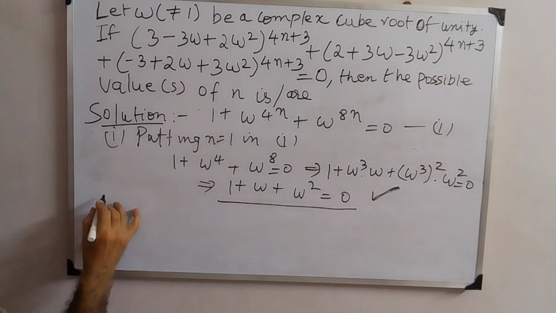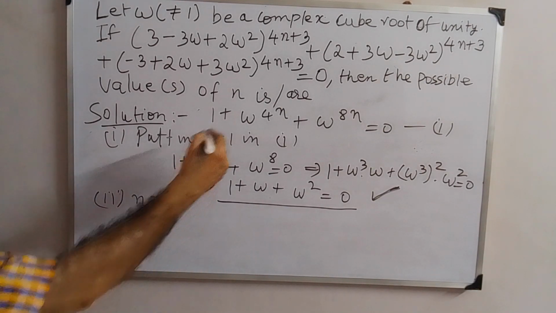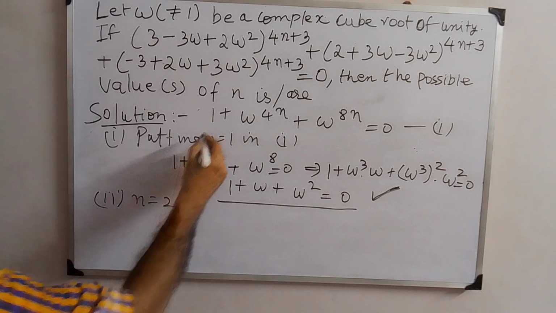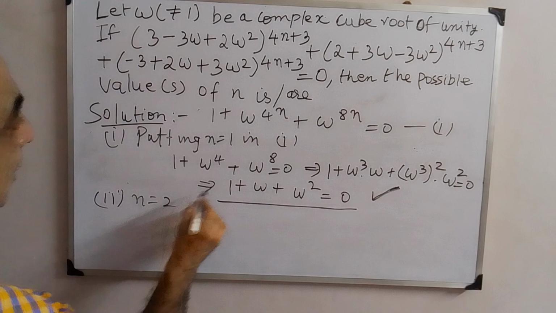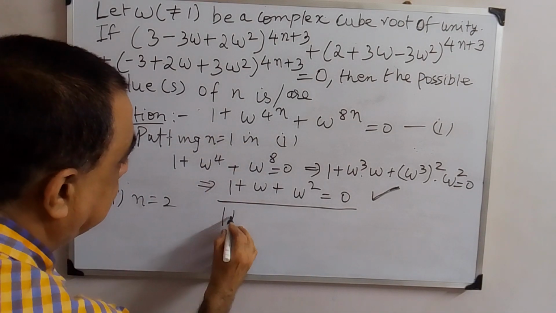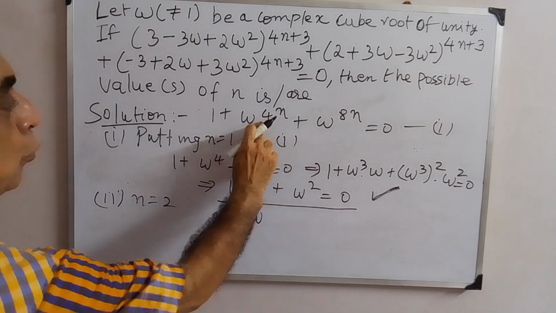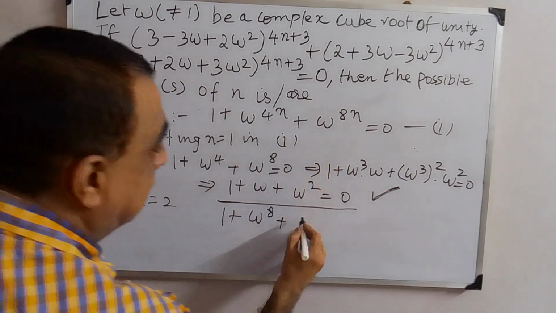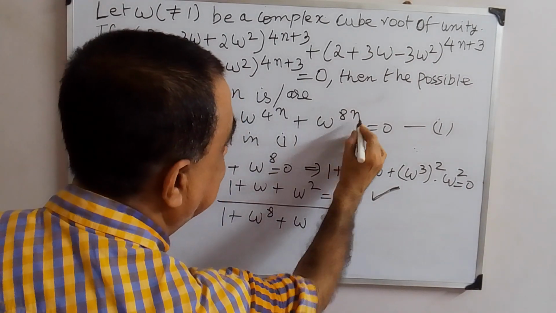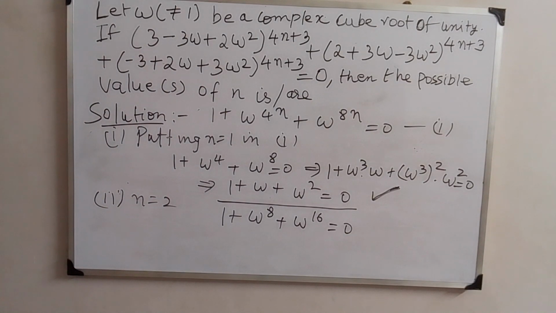Now we are checking by putting n equals 2. Here n value is 2, so 4 into 2 will be 8, and here it will be omega to the power 8 into 2, which is 16. So that is equal to 0.